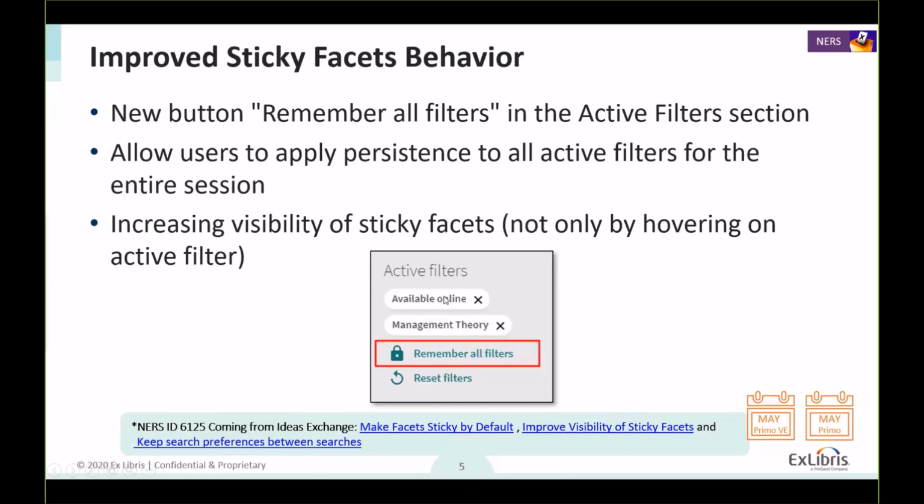This is a NERS enhancement, and there are also a few ideas asking to improve the visibility of the sticky facet, to make it by default. We try to gather all of those ideas into the following enhancements.